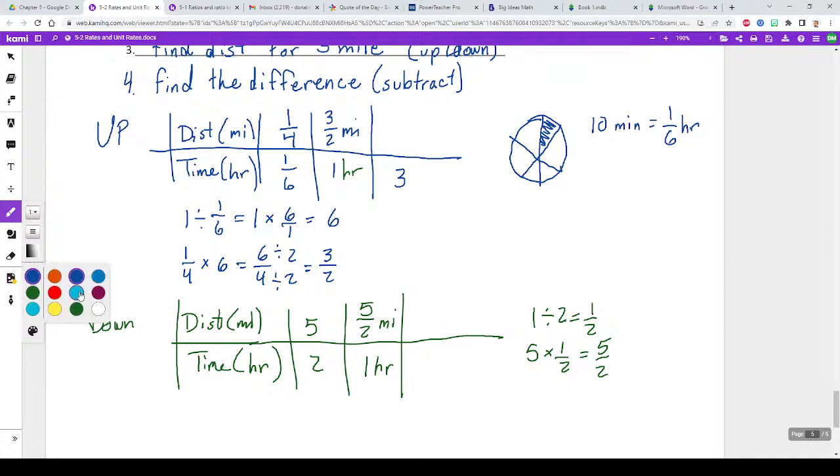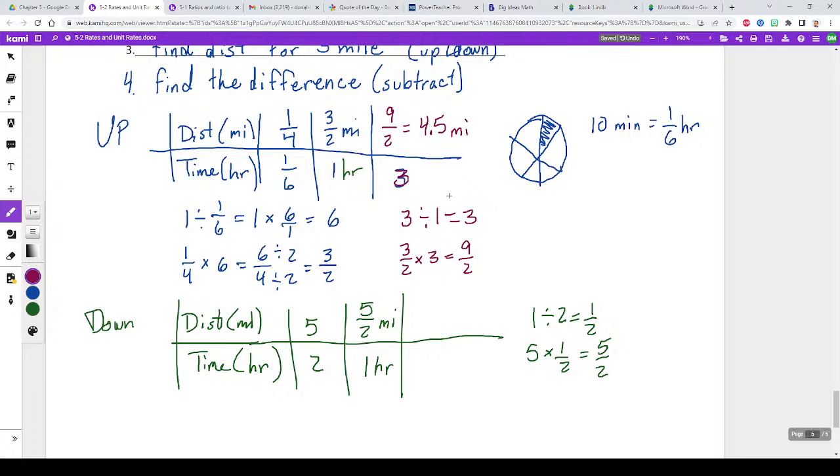So actually, I'm going to change the color here and go 3 hours here. So 3 hours here, we would do 3 divided by 1, which is 3. And then we can go 3/2 times 3, which is 9/2. So what we have then is we have 9/2 miles. Now, 9/2 is fine, but it's probably easier for us to think about this as 4.5 miles in 3 hours.